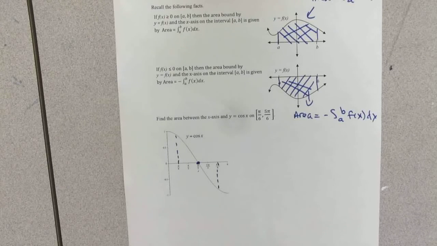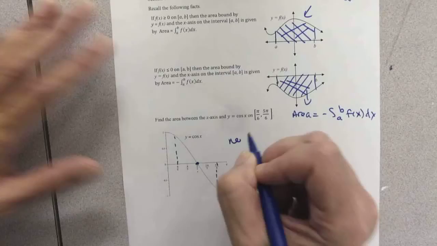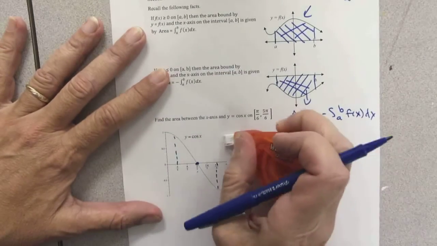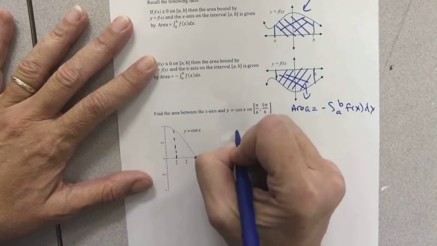Graphs are good estimates and can help us verify answers, but you can't come up with exact answers. So I need to know the x-intercept, because that's what distinguishes those two regions.